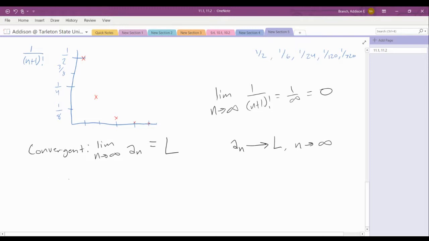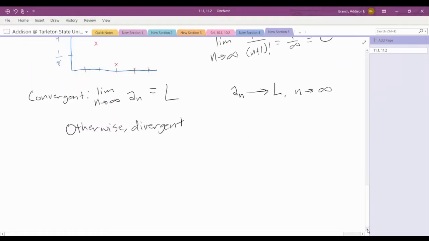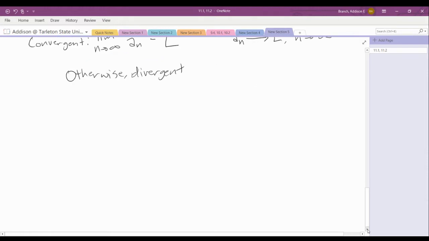And if this is not the case, our sequence is divergent. So once again, this is a pretty similar concept to what we've been doing. So let's go ahead and keep moving on.